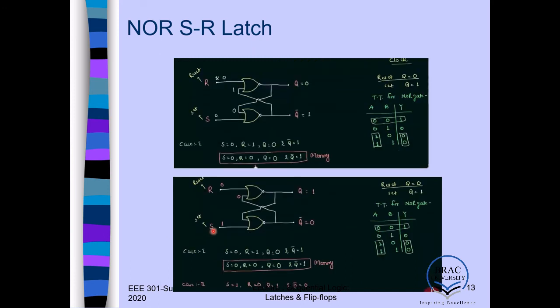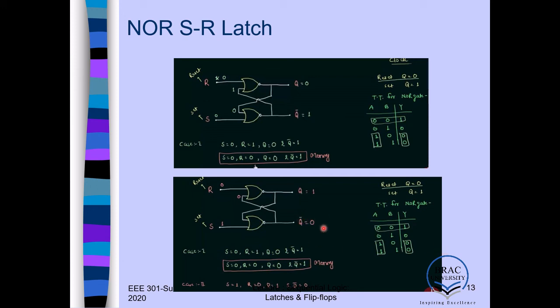Now if S is 1, then your output becomes 0. Just look here. If either of the inputs is 1, say this one is 1 and this one we don't really know, it could be 1 or 0, so this output would be 0.